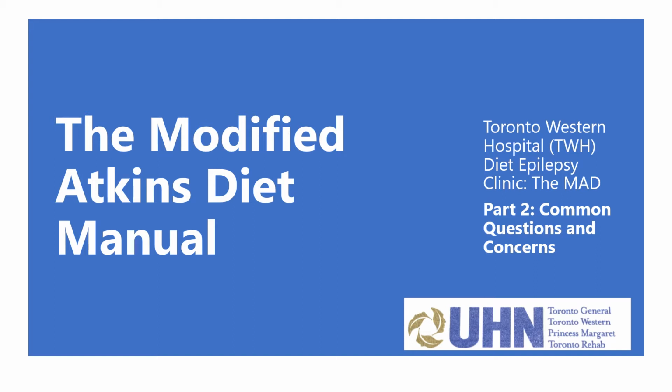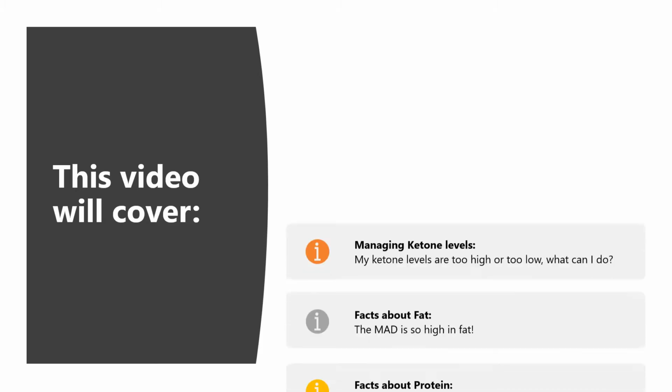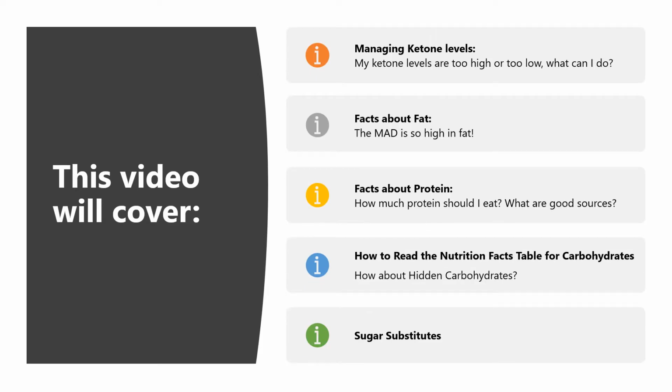This is part 2 of the manual where we will discuss common questions and concerns about the Modified Atkins diet. In this video, we will cover the following commonly asked questions and concerns. How to manage ketone levels when they are too high or too low.